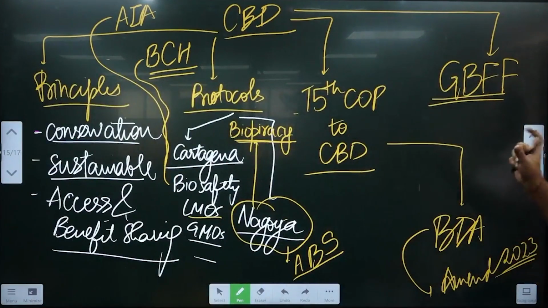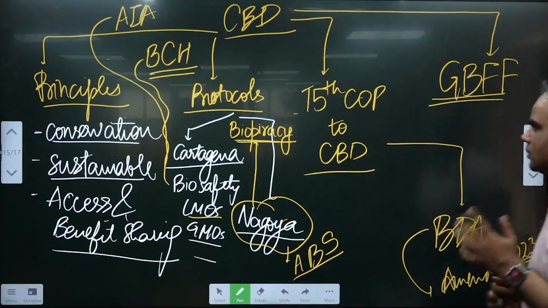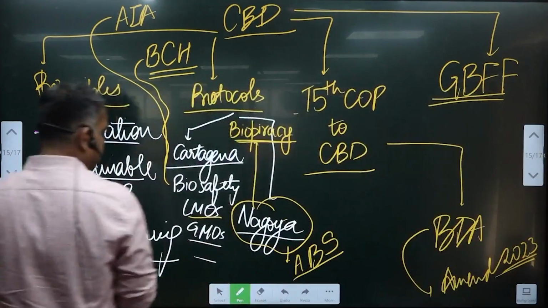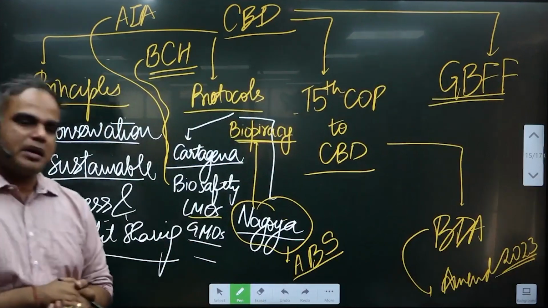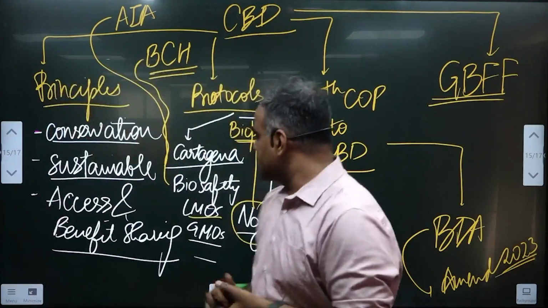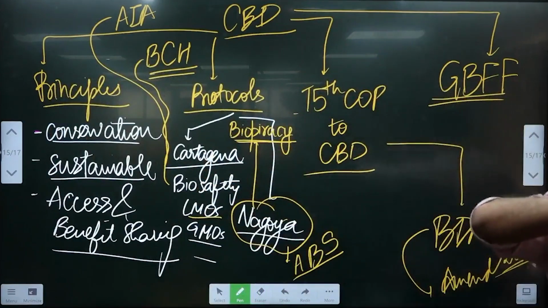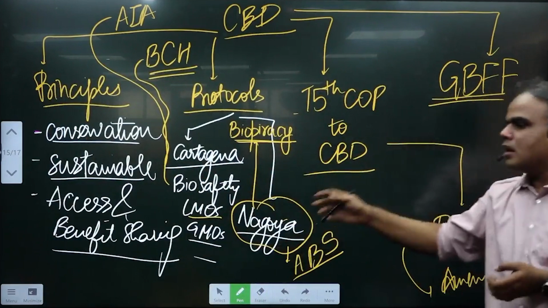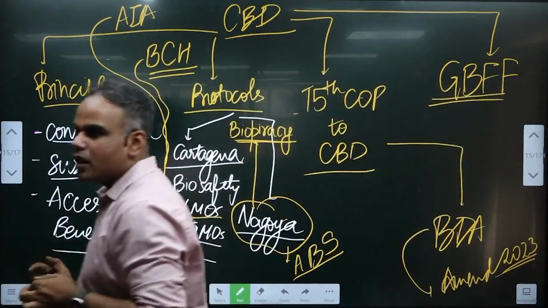So Nagoya is related to access and benefit sharing. There is also something known as the Nagoya Kuala Lumpur Supplementary Protocol, but that protocol is related to Cartagena, not Nagoya. You might think it is related to Nagoya, but the Nagoya Kuala Lumpur Supplementary Protocol is only related to Cartagena.